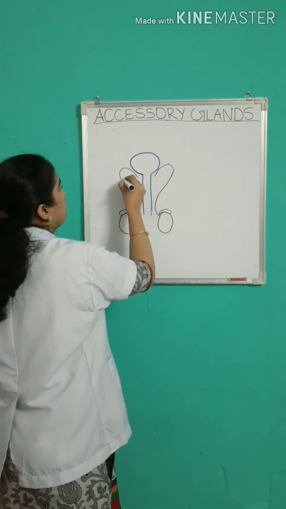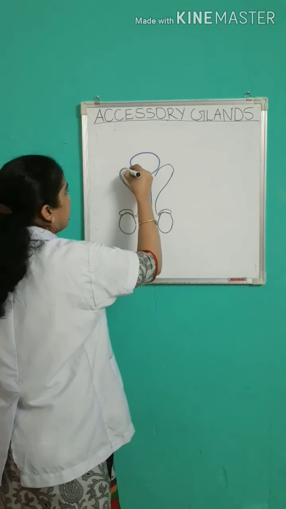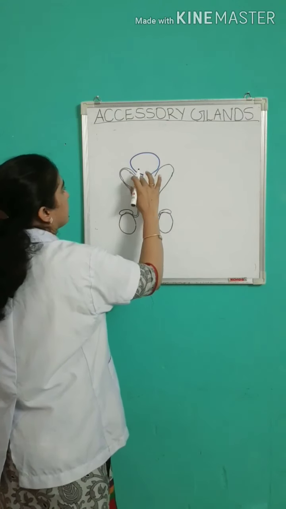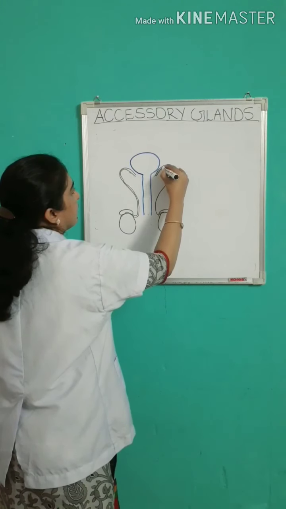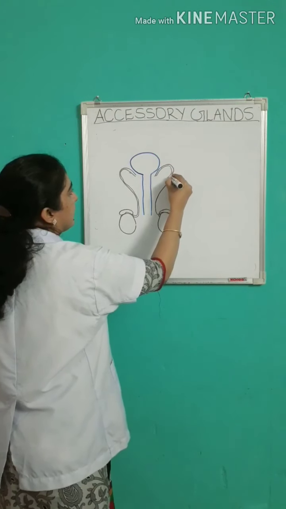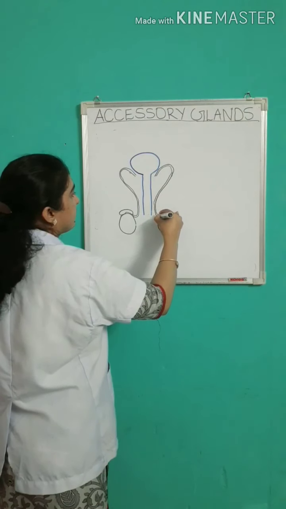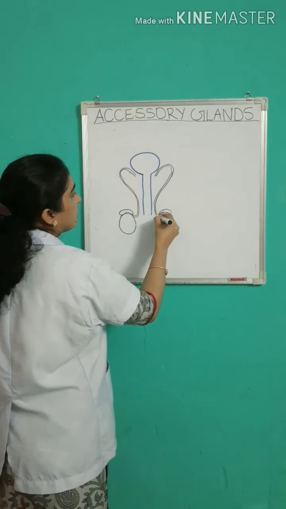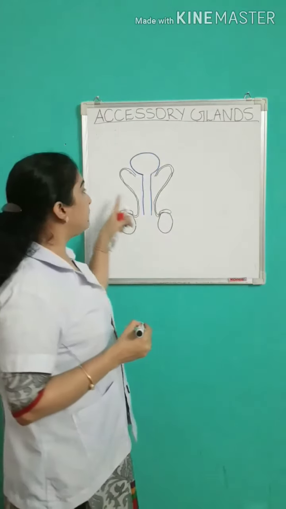In the last class I taught you that this vas deferens is sent to the abdomen and loops over the urethra as the ejaculatory duct. This vas deferens is the end part of the epididymis that I taught you last day.